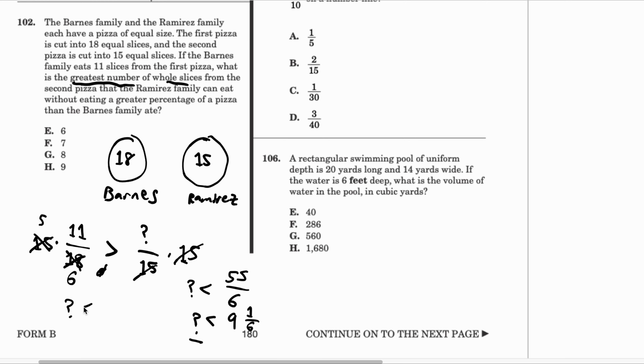So then the question mark must be equal to 9, right? Because if the question mark was equal to 10, then 10 is not less than 9 1/6. But if the question mark was 8, then we could increase the number of slices to 9 and still be less than 9 1/6. So 9 is the right answer. Okay.